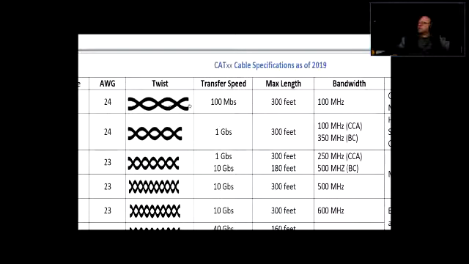Now, transfer speed: you can transfer 100 megabits per second, right? Notice I'm saying bits, I'm not saying bytes. Just remember once and for all: when we're talking about the speed of digital transmission, we're talking about bits per second.